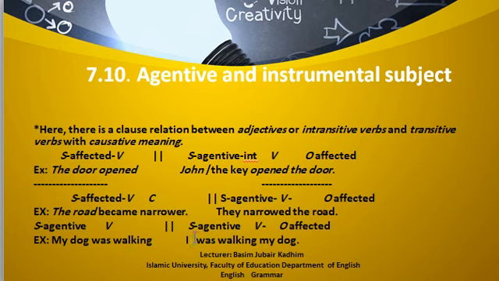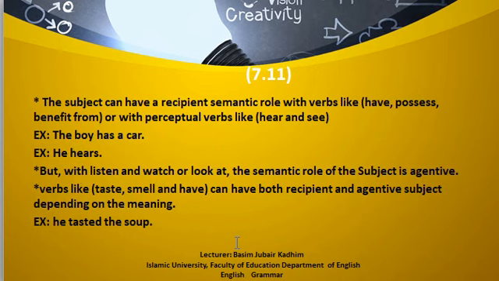Here, the relationship is with subject, agentive, verb, and object affected as well. I was walking my dog. I was walking, which means I was taking my dog on a walk.